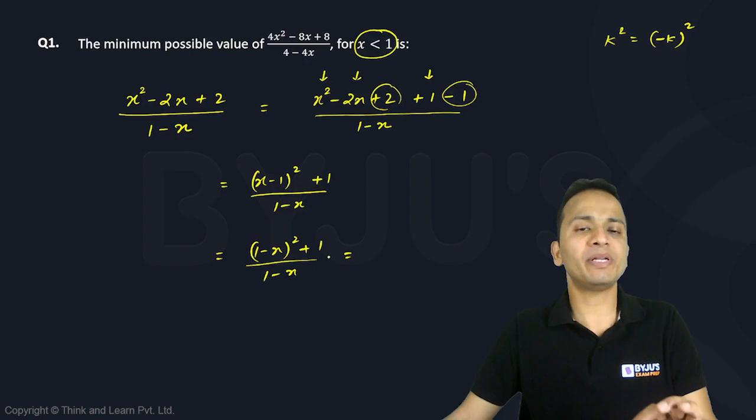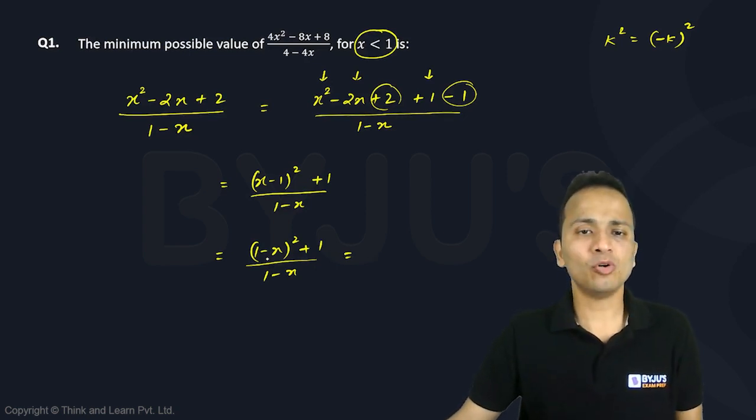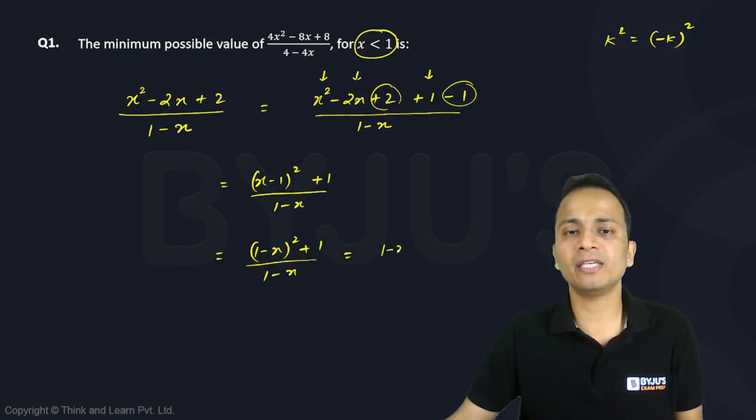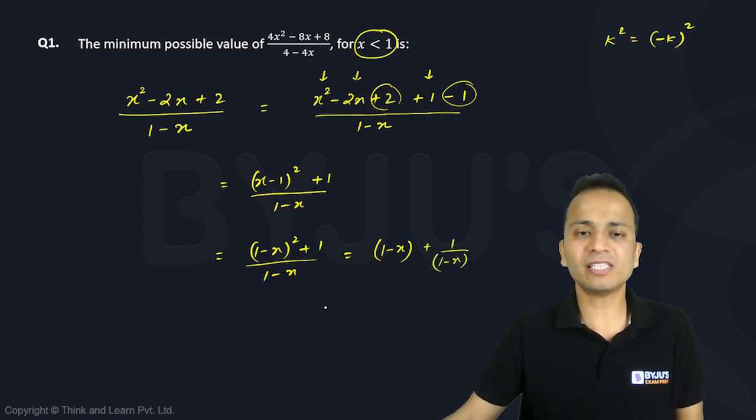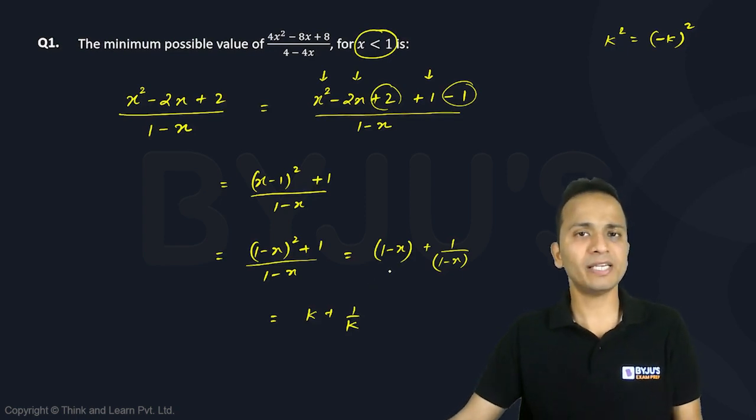Now I can separate the denominators. Okay, so we will separate the numerators. So 1 minus x whole square upon 1 minus x will become 1 minus x, plus 1 upon 1 minus x. Okay, now consider this expression. I can say that this expression is in the form of k plus 1 upon k, where k is equal to 1 minus x.